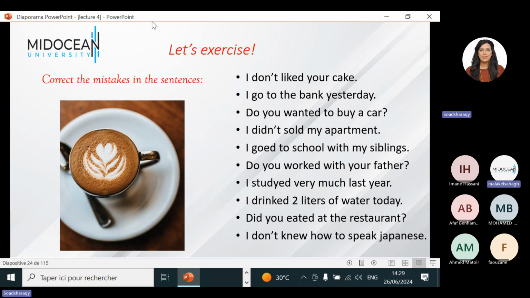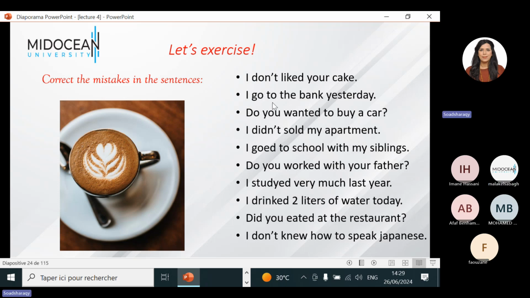You do number 2? Fauzan? Can you do number 2? Read the sentence, please. "I go to the bank yesterday."